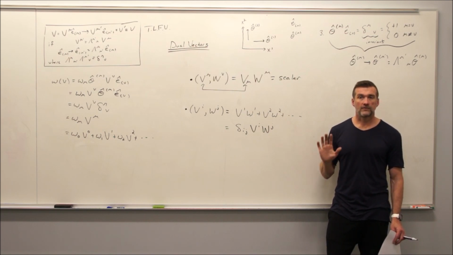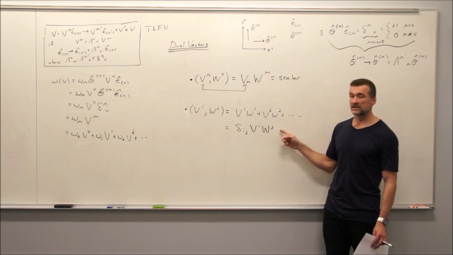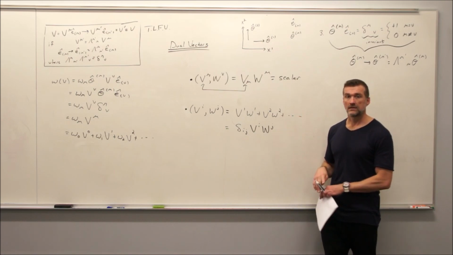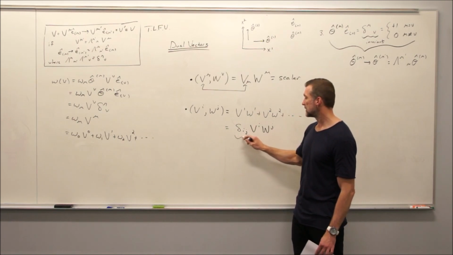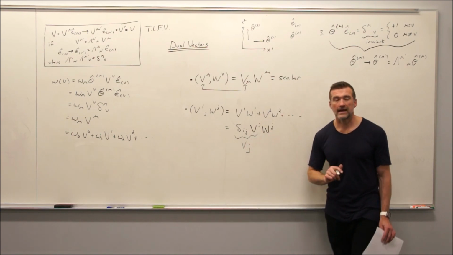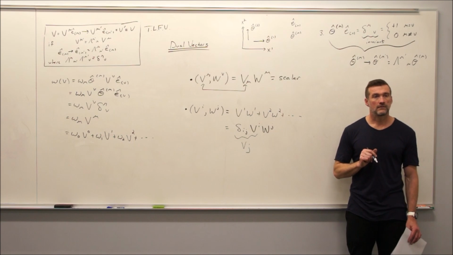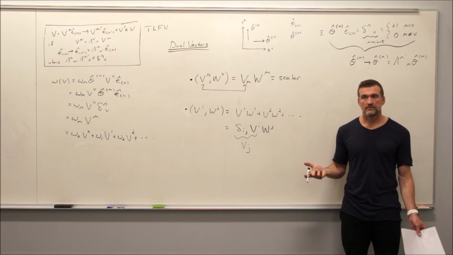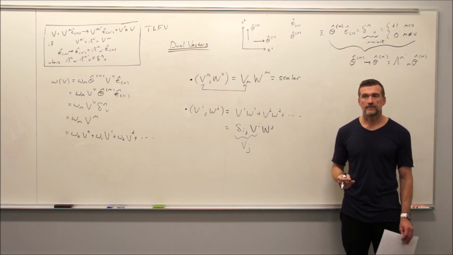Now, are you all comfortable with me saying that this is represented by this? And here's the trick. What if that was our definition of the lower j? Then this would be consistent, okay?